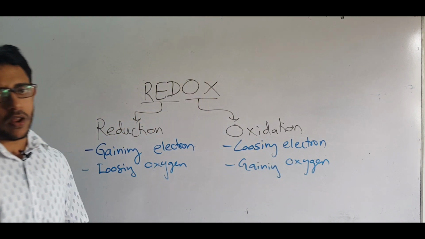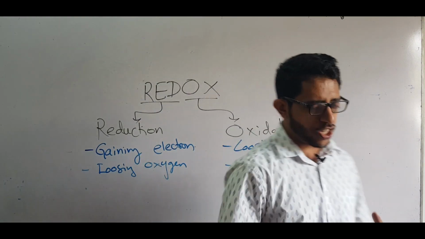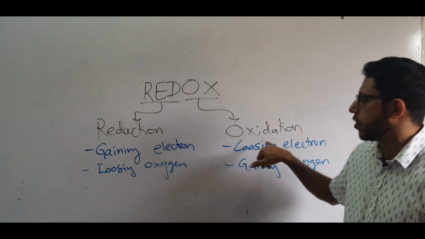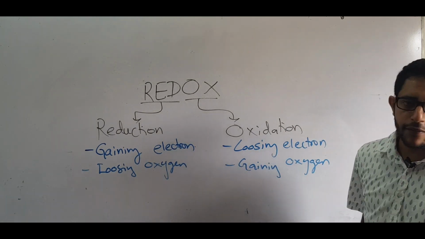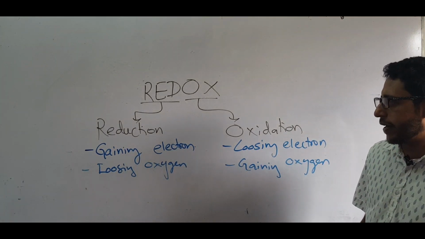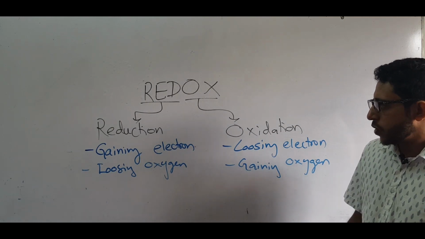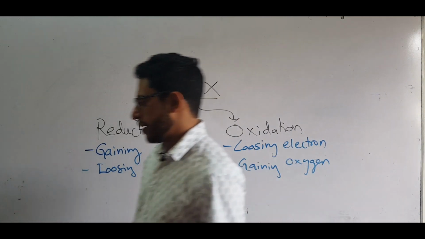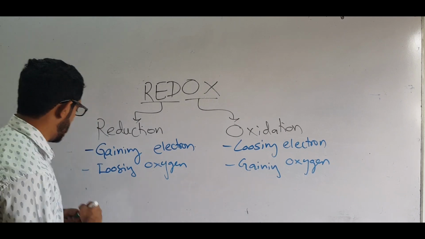Other than electrons and oxygen, we can use the word hydrogen as well to explain reduction and oxidation, but commonly we are not getting it for redox titrations or the redox calculation. So I am not going to write it, but as we are doing it as a note, I am giving it here.